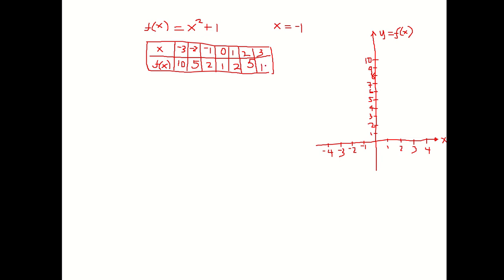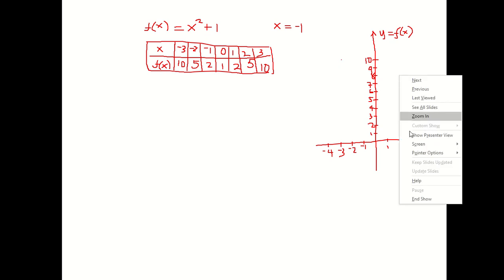Okay, so we use the same table. Alright, so again we'll graph it as when x equal to minus 3, f of x equal to 10. Okay, so just project upward.